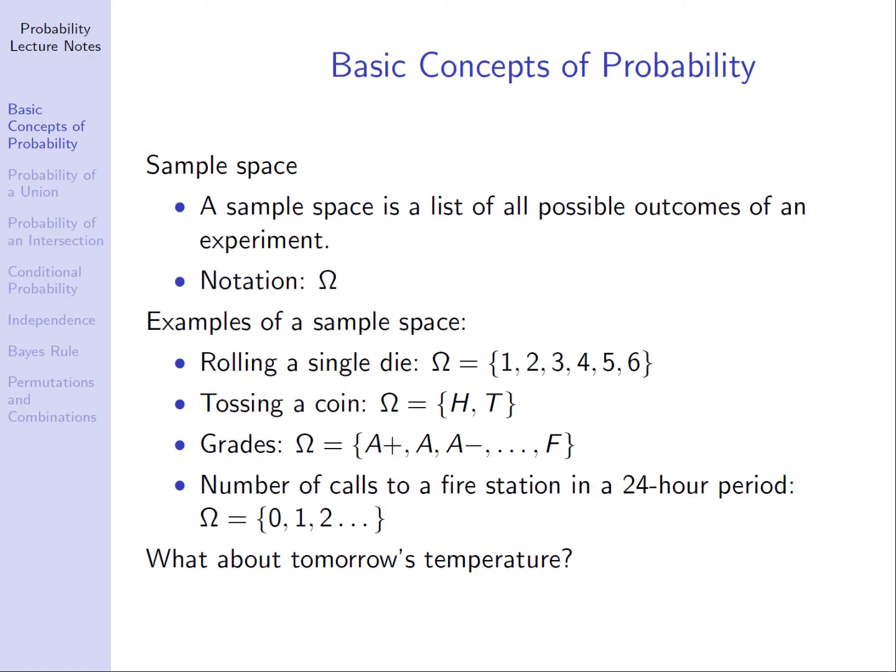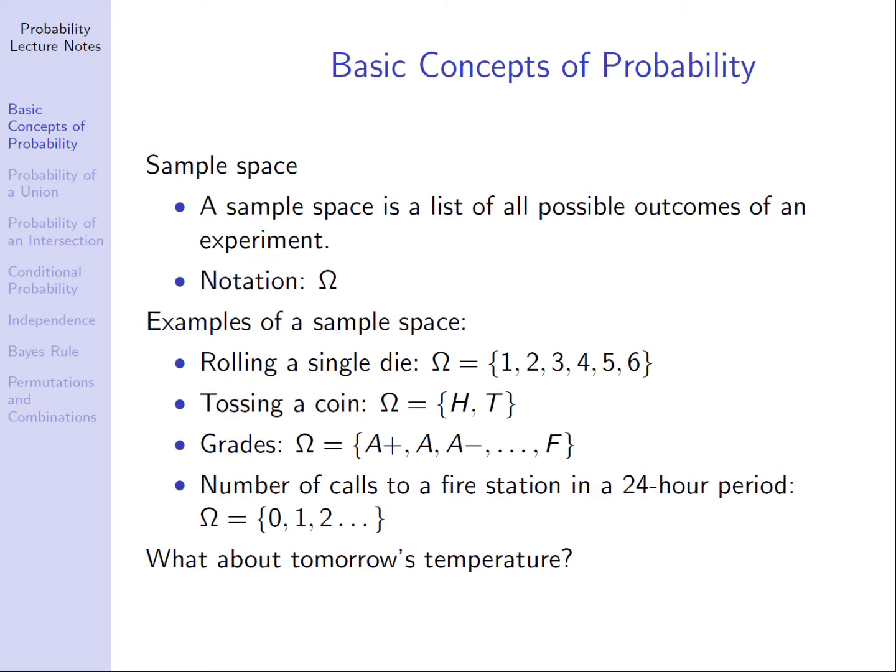The same is true if you're looking at the number of fire station calls within a 24-hour period. Think about this as the number of 911 calls to a fire station. It can be either 0 calls, 1 call, 2 calls, and so on. Now, what about tomorrow's temperature?